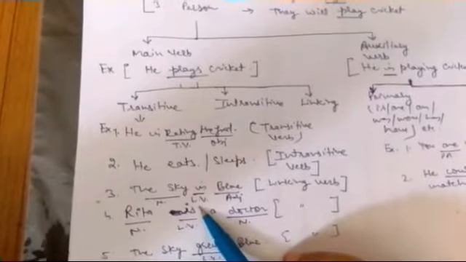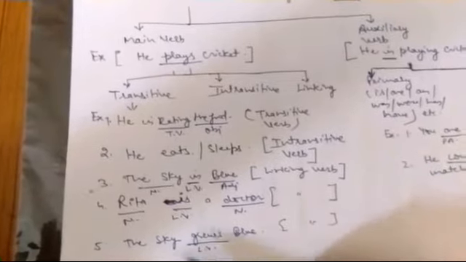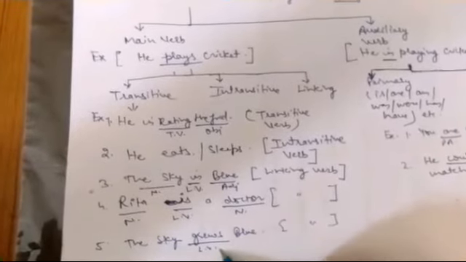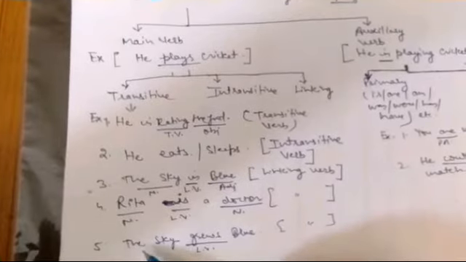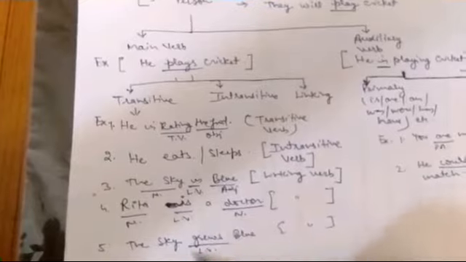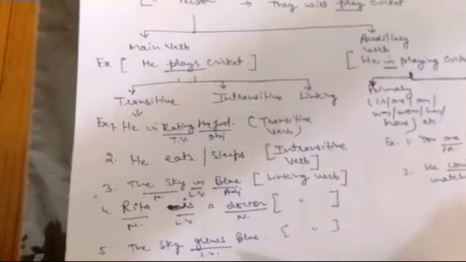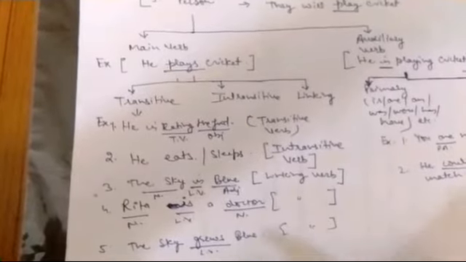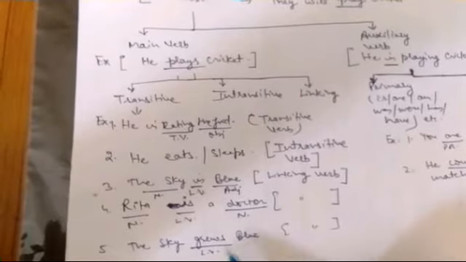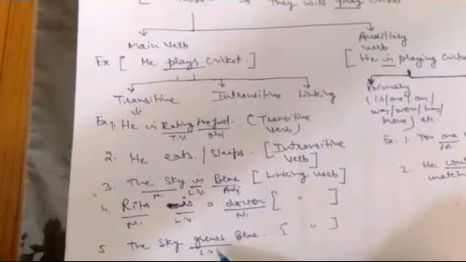Now another type of linking verb, which is not in the form of is, are, am, was, were. You can see the example, the sky grows blue. So this is also a linking verb. How and why? The verbs which replace is, are, am, was, were are also called linking verbs.